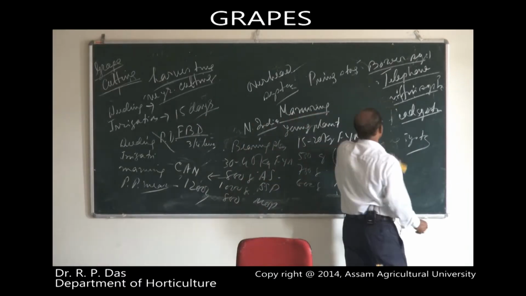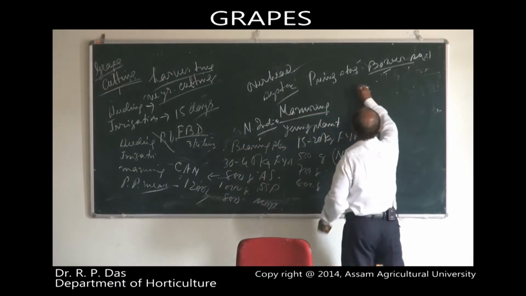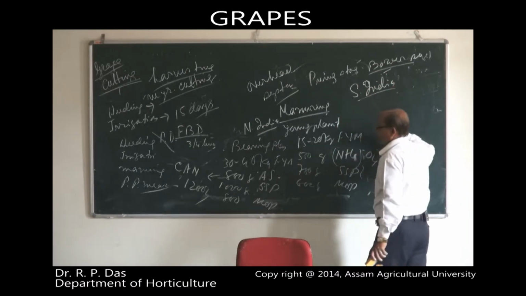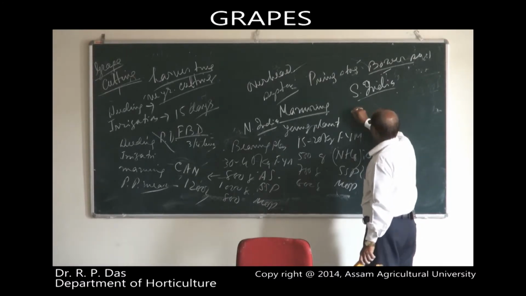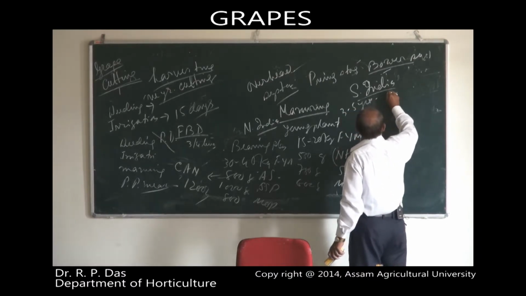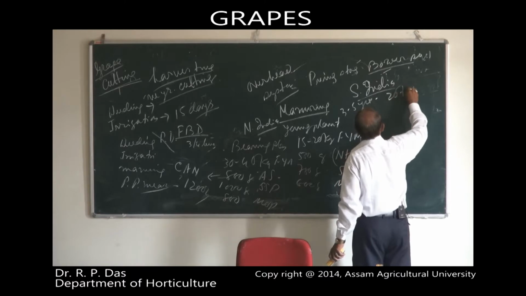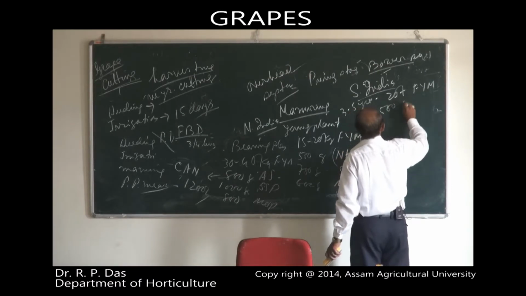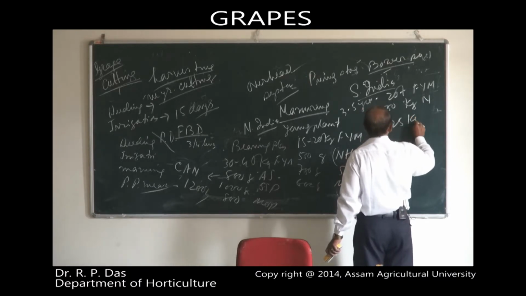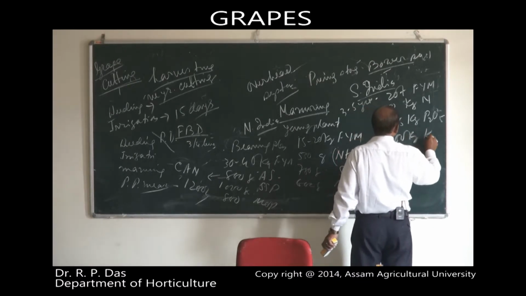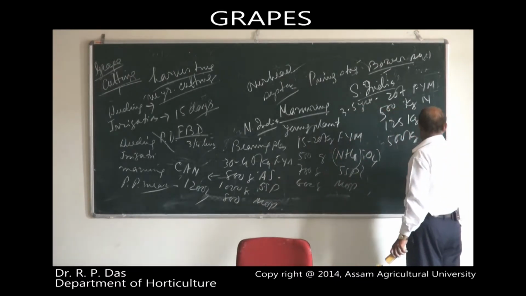But in case of South Indian conditions, for 3 to 5 years plants, 20 tons FYM, 500 kg nitrogen, 125 kg phosphorus, and 500 kg potash per hectare per year.